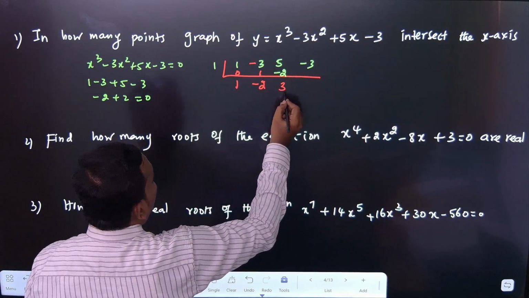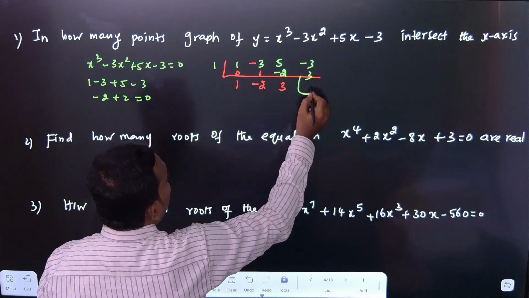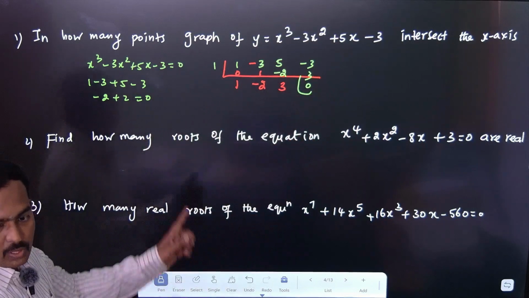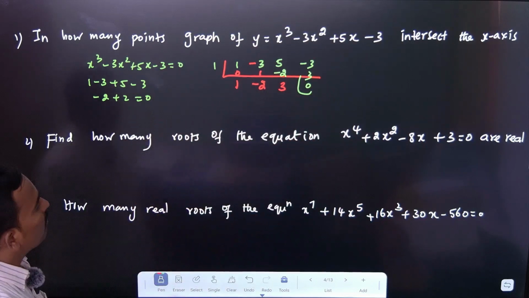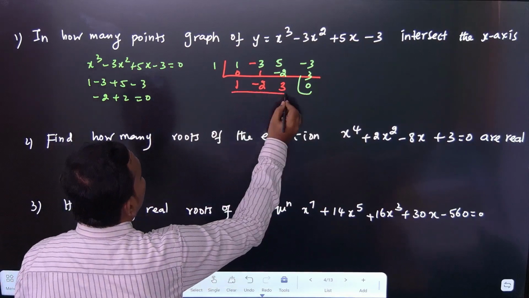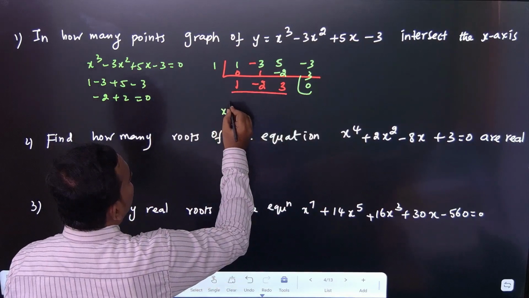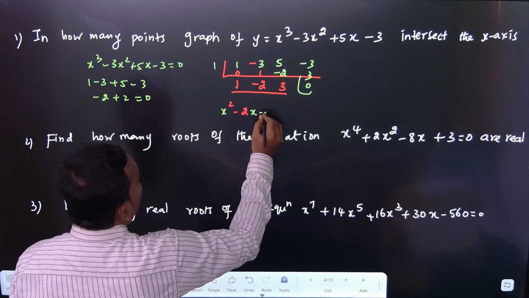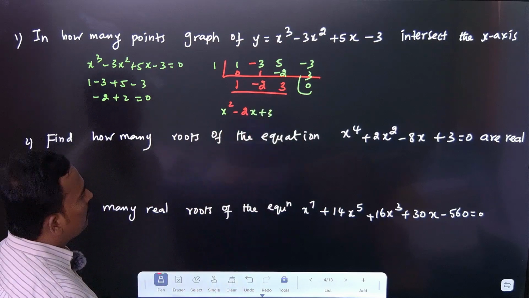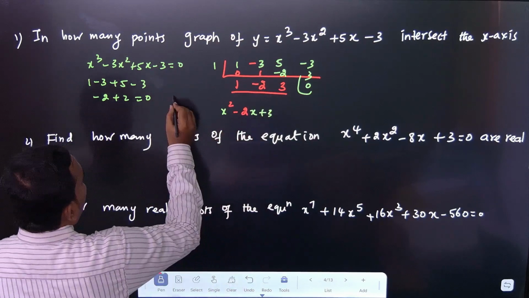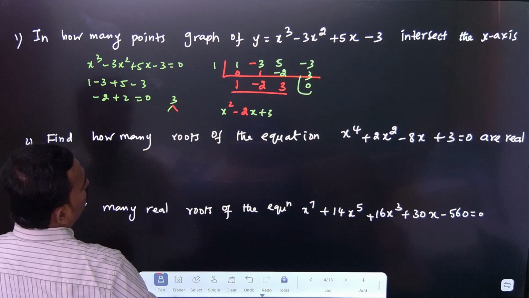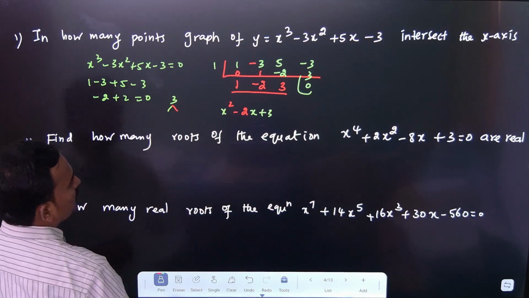So this is plus 3. 3 into 1 here is plus 3. If the last term is 0, definitely 1 is a factor of the given polynomial. Then it will be reduced to x square minus 2x plus 3. The product is 3 and the sum is minus 2. Is any factorization possible here?